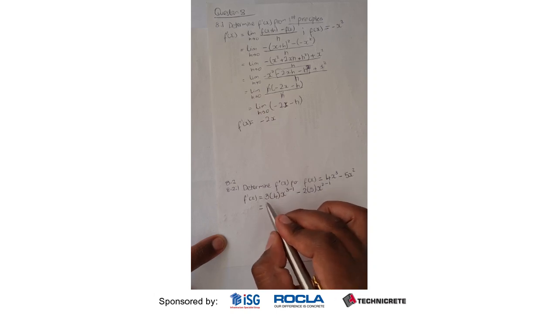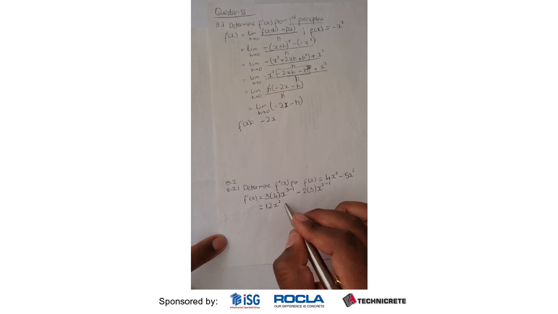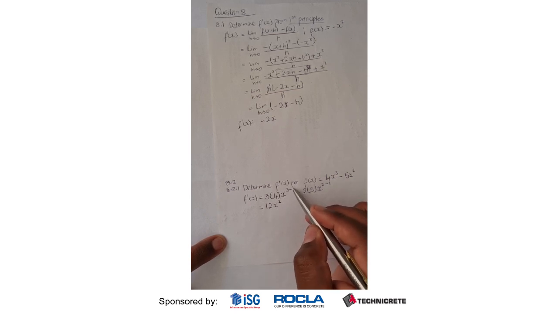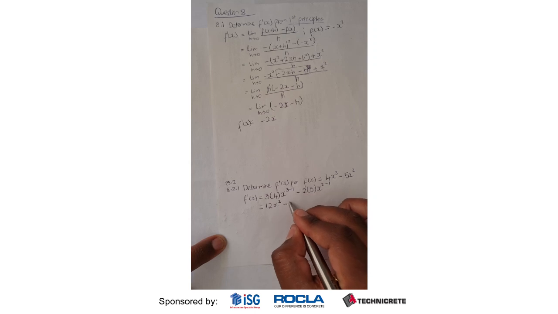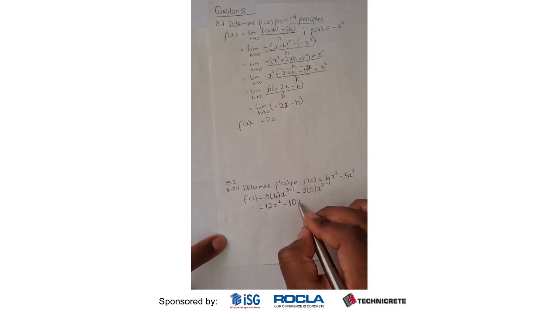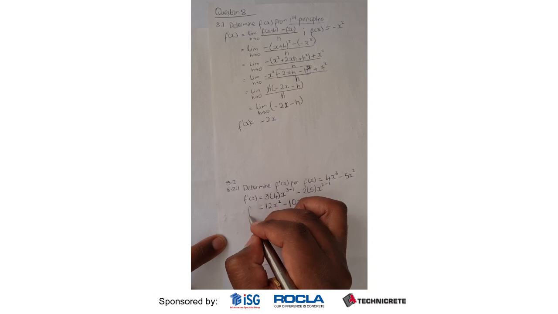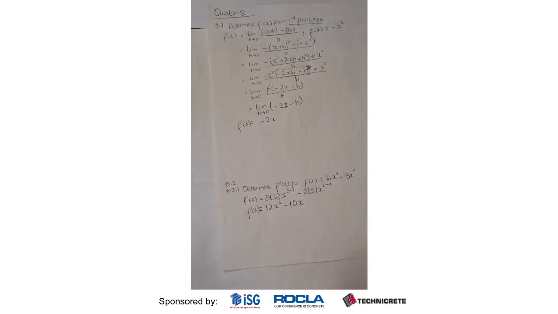This is 12x squared, because 3 minus 1 becomes 2. And here this becomes 10x. So that is what our f prime of x gives us.